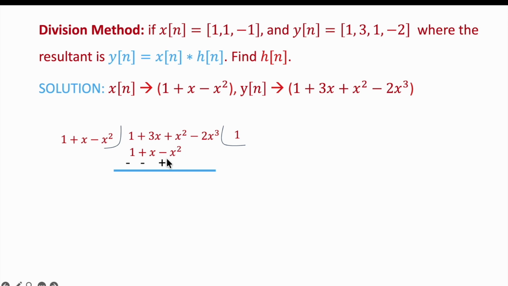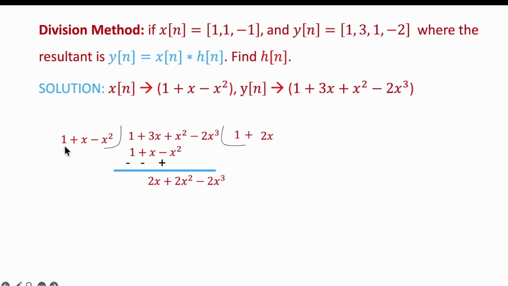Then plus x square and plus x square gives 2x square, and then minus 2x cube as it is. Now the first coefficient is 2 and the variable is x, but here it is 1. So the quotient will be plus 2x.